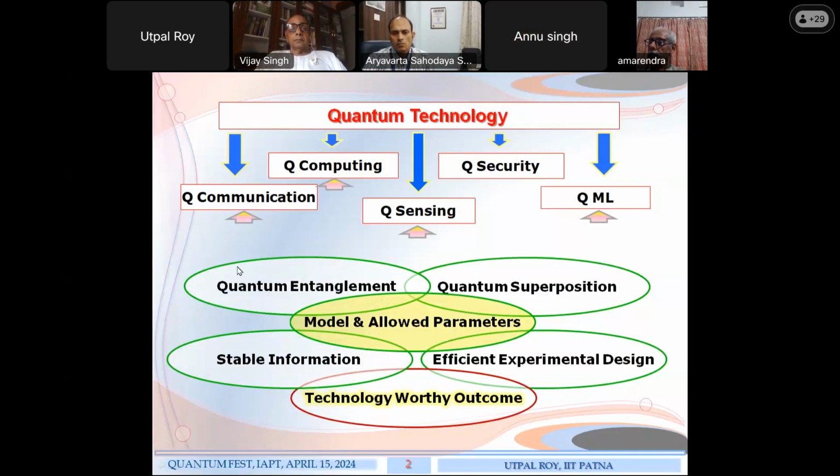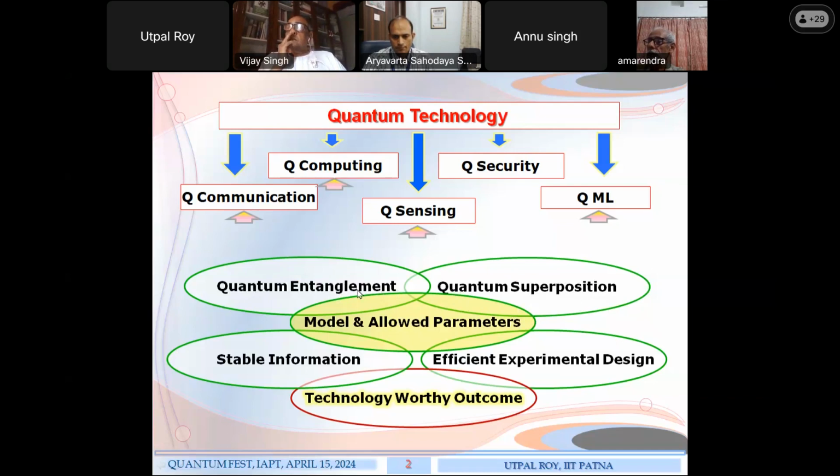First of all, a few words may not be familiar to students in the beginning, but I'll come to them one by one. There are two things on top, quantum entanglement and quantum superposition. These are the most important ingredients of quantum technology.